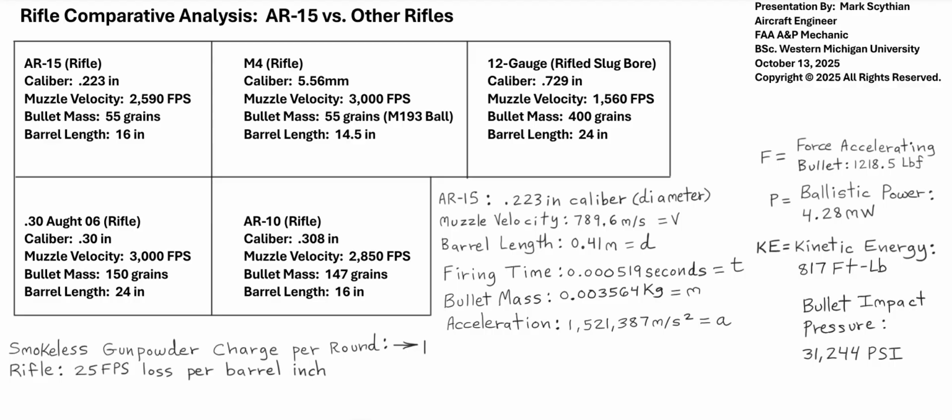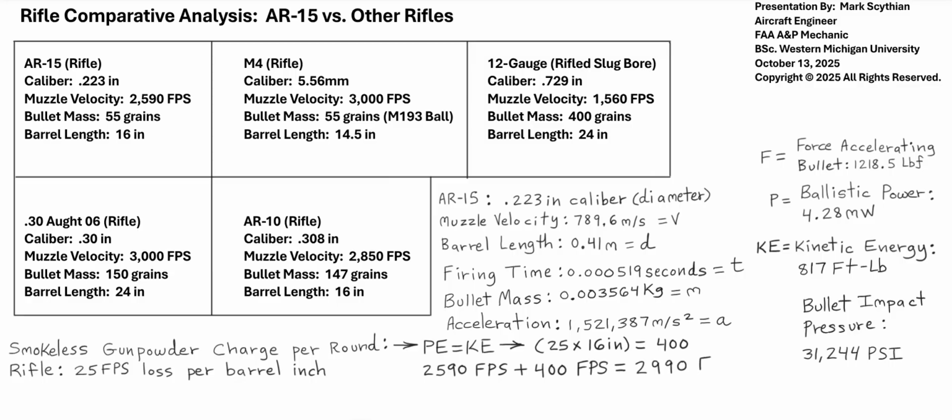So there's about a 25 feet per second loss per barrel inch. And we know the potential energy is equal to the kinetic energy. So we can calculate the loss of 400 feet per second and then add this value to the rated velocity, 2590 feet per second.